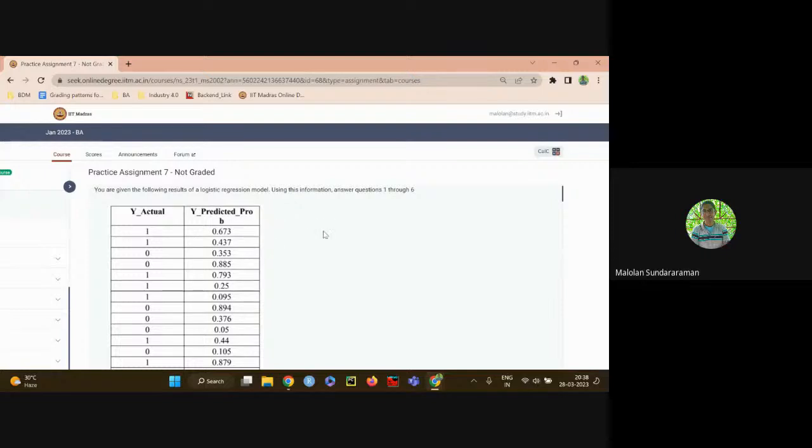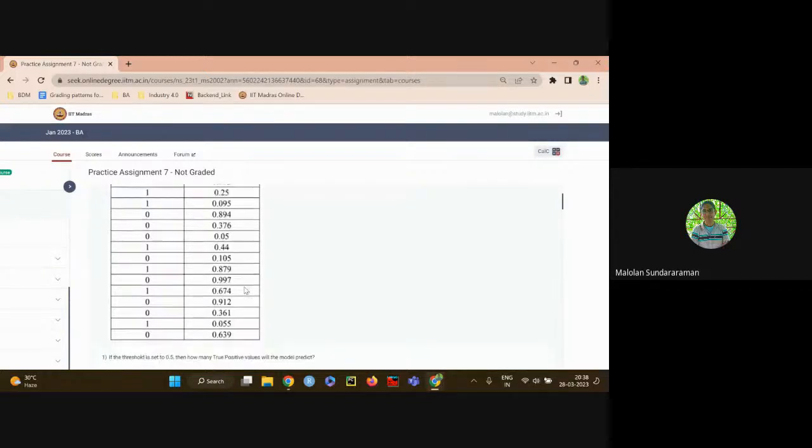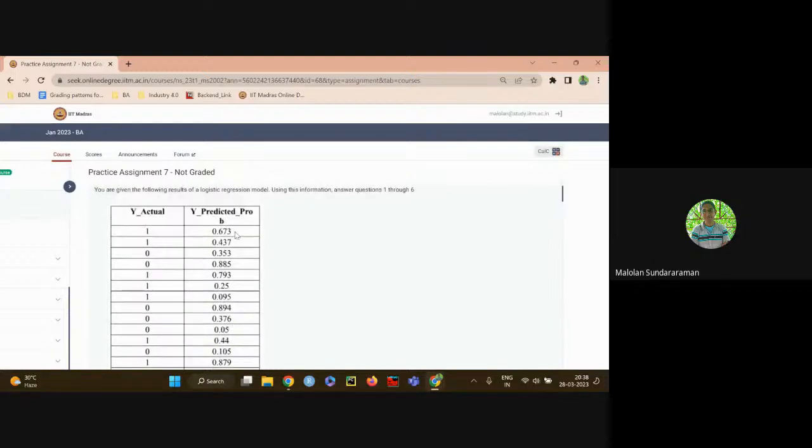Given a threshold of 0.5, you will get an accuracy. Now you are increasing it to 0.6. Let's say we increase it to 0.7. Then this value becomes 0. Your prediction becomes 0, correct? Yes. And hence obviously your accuracy is going to change.